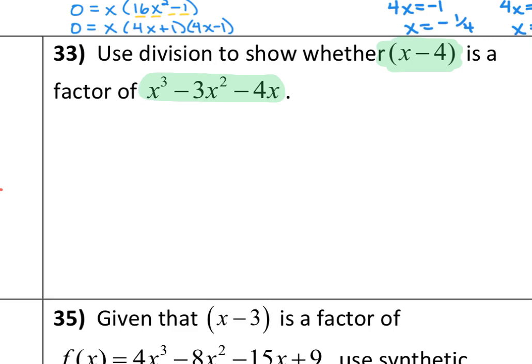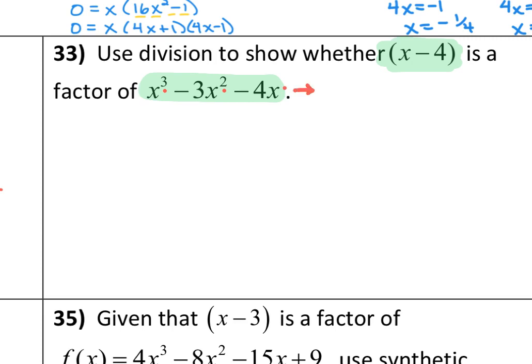So anyway, we are going to use division to show whether x minus 4 is a factor of that polynomial. Remember that your answer is basically going to be yes it is or no it isn't, and we're going to use division as proof. So you have to show the division, but you also have to answer it with a yes or no. Now, I see that I have a third degree polynomial, but I'm missing the last term that has no x.